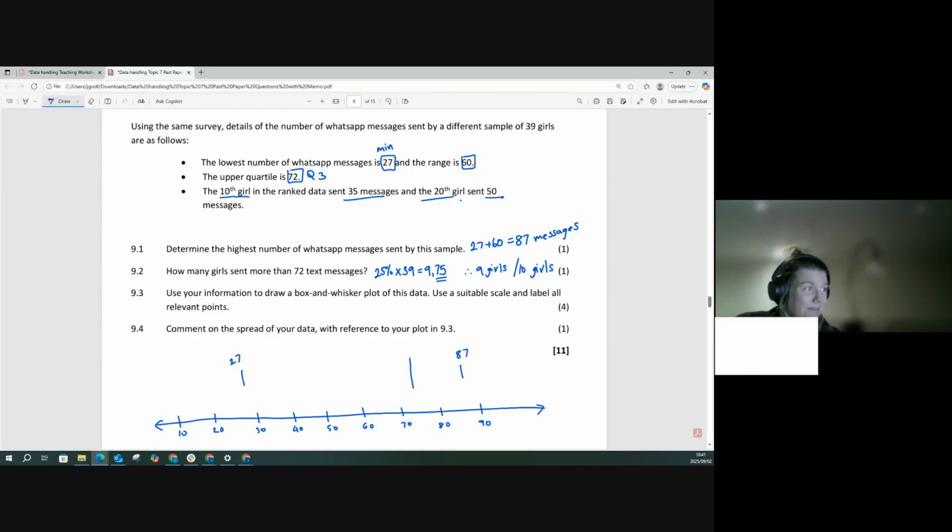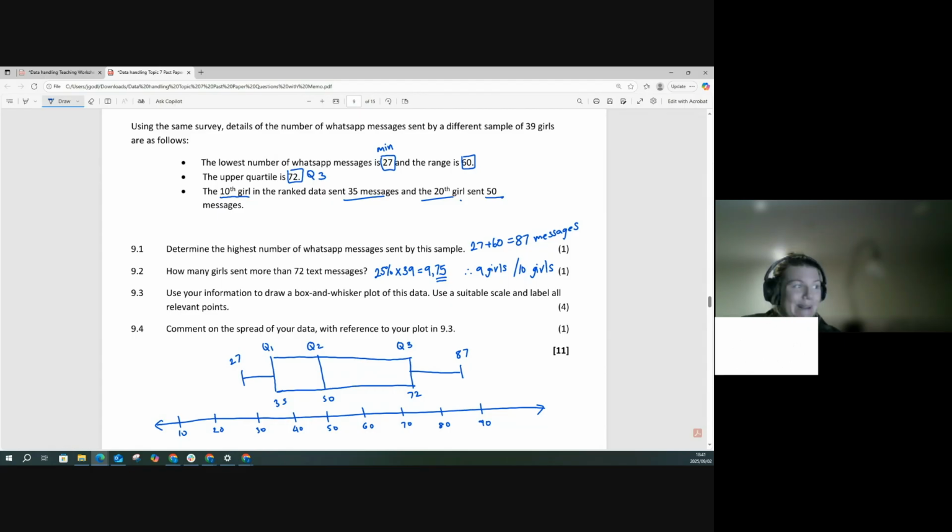So it's not going to be super accurate, but it's going to have to do. So we're going to say that this one is about 35 and this one is about 50 and then this one is 72. So here's our box. And there are our whiskers.